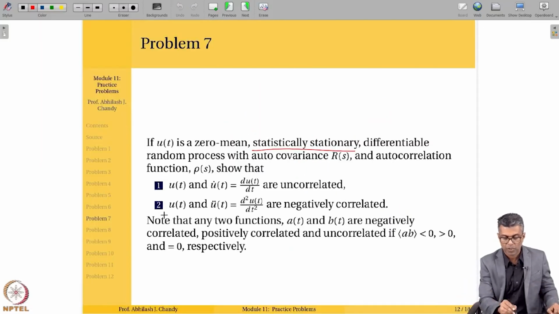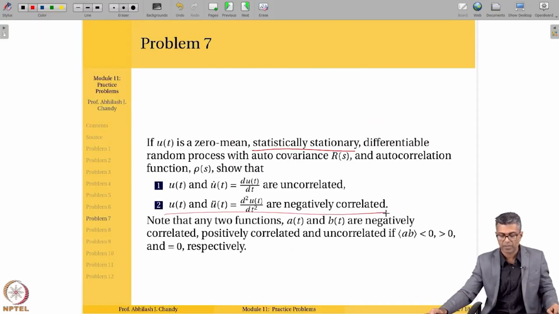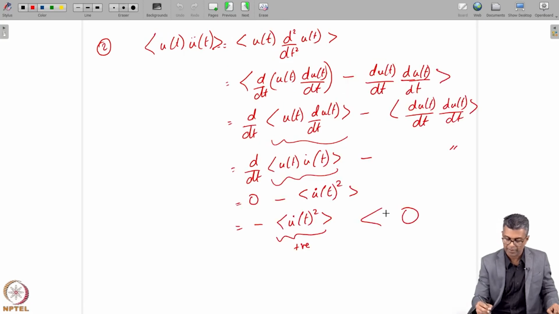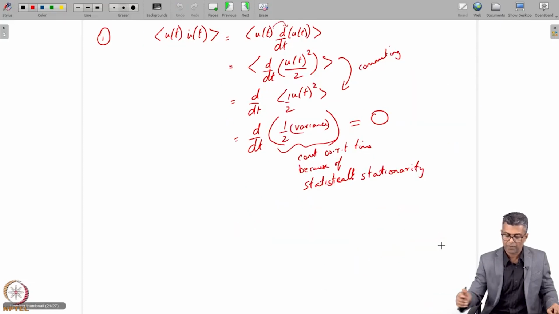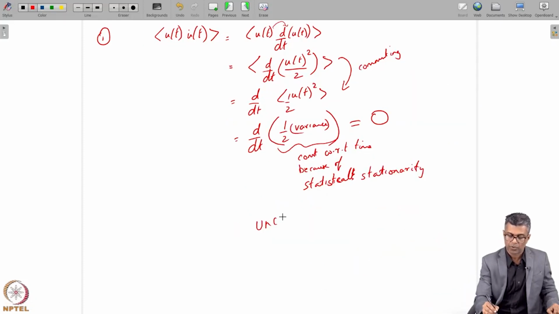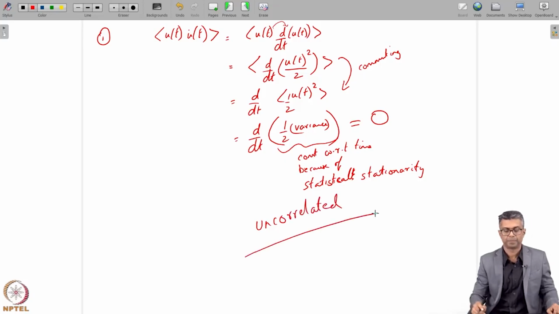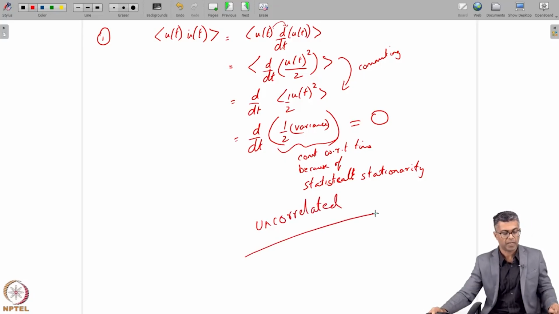We had to prove that this was negatively correlated, and we just did that, right? The previous one was uncorrelated, which we proved. I hope that is clear.